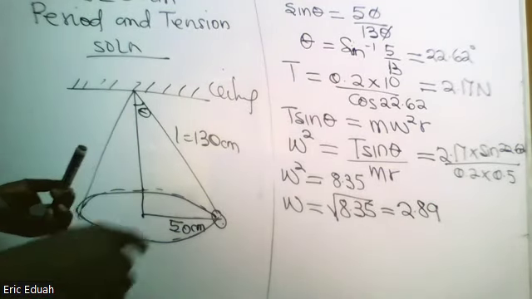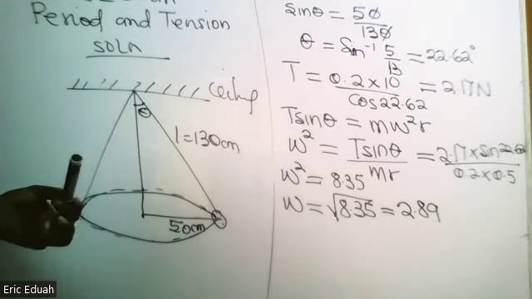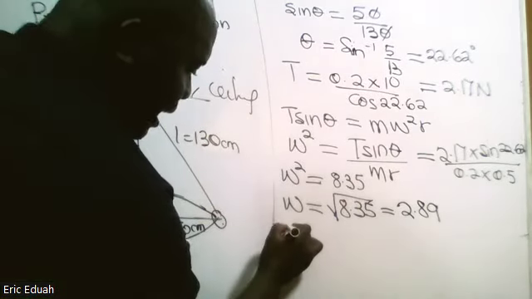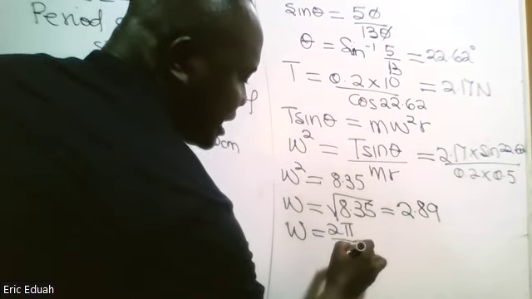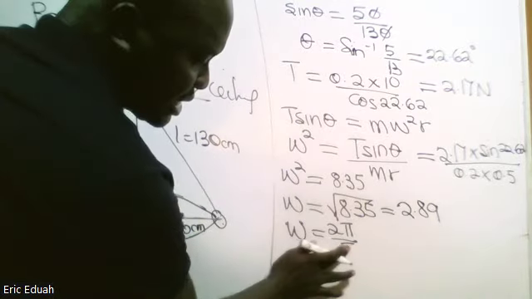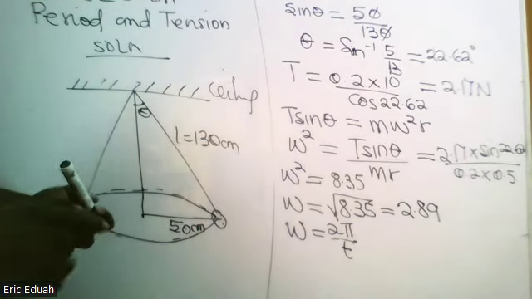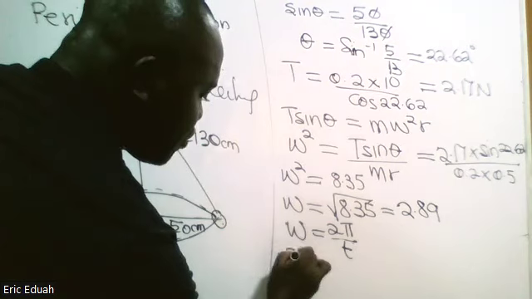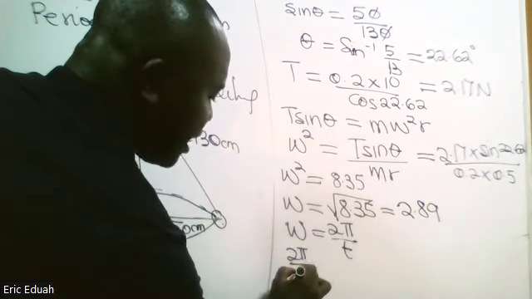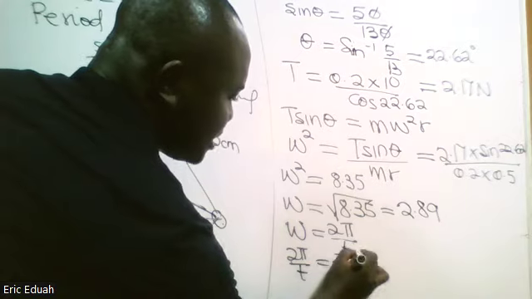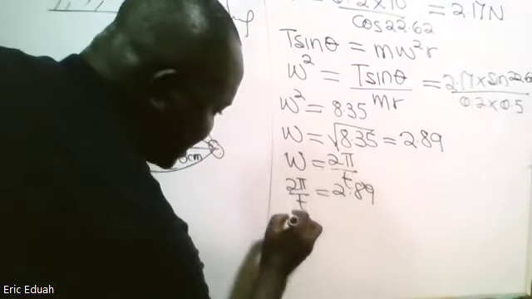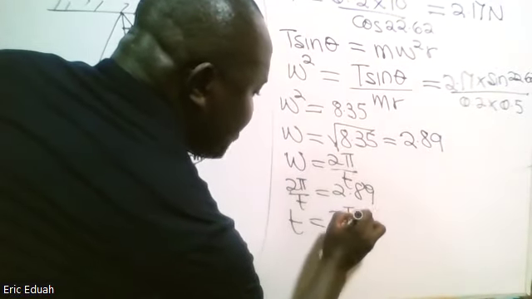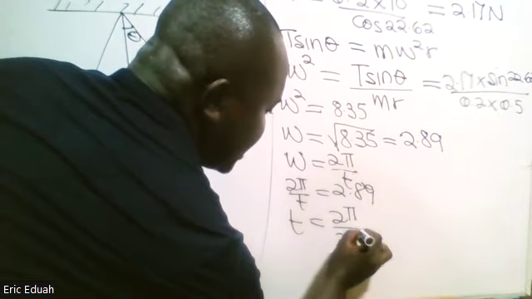Accuracy. So if omega is 2.89, then we know omega to be equal to 2 pi over the period, capital T. Because tension is capital T, let's change this T to small t, even though we have small t too. Therefore, you equate 2 pi over this T to 2.89 and make T the subject. T will be equal to 2 pi over 2.89.